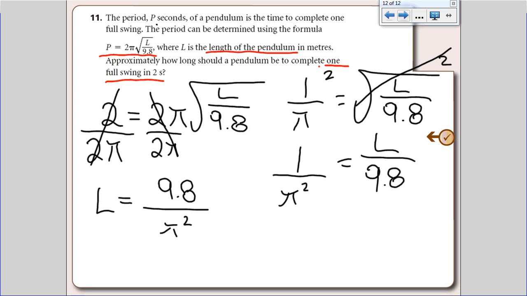Just be aware of that. The other thing you will want to be aware of: complete one full swing. They might not give you one full swing. They could say it takes 2 seconds to do half a swing, which means it would take 4 seconds to do an entire swing. This question gave us full swing, so it's nice, but it's not always nice.